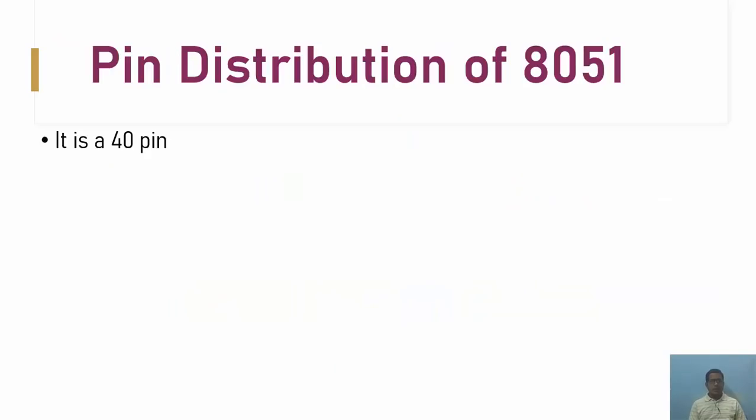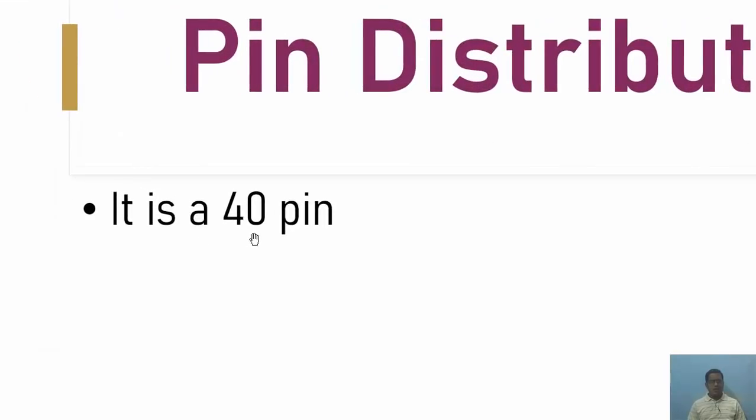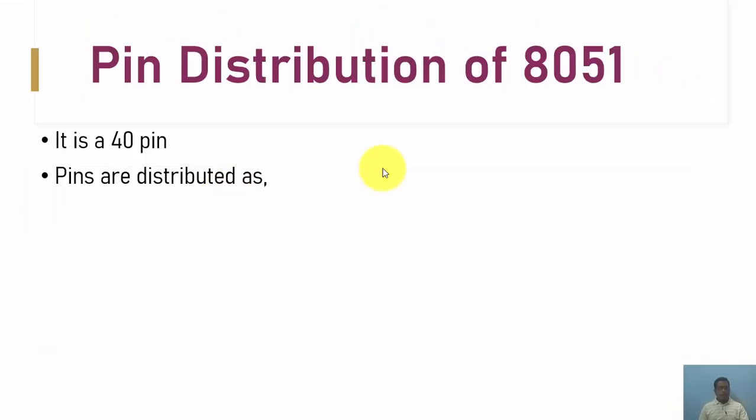As we know, the 8051 microcontroller has a total of 40 pins. Out of these 40 pins, 32 pins work as GPIO, general purpose input output ports.